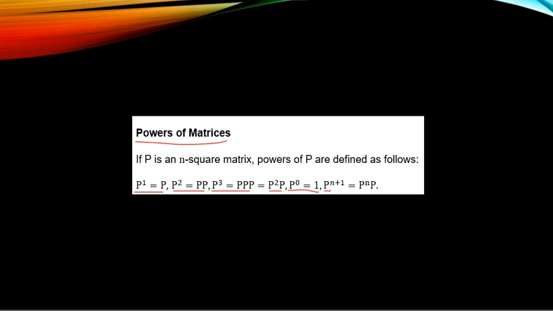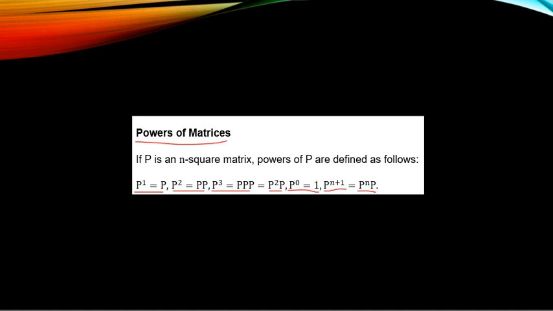Then P power n plus 1, from the law of indices, can be expressed as P power n times P power 1, also written as P power n times P. So this is how we compute powers of matrices.